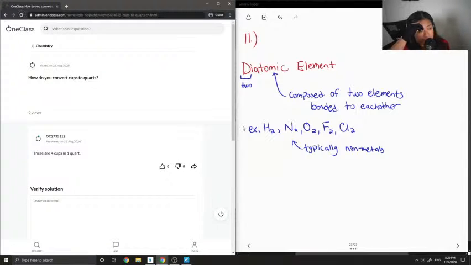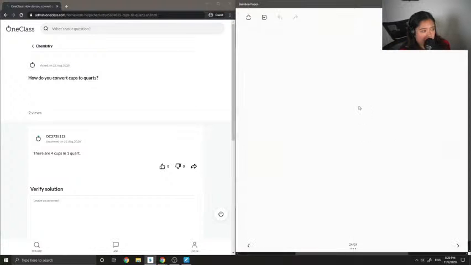I think I can actually just answer this last one. How do you convert cups to quarts? There are 4 cups in 1 quart.